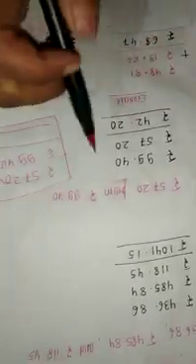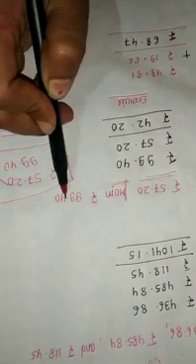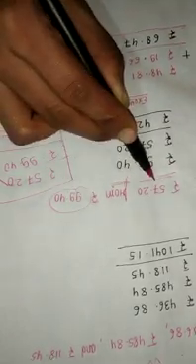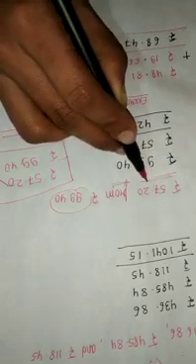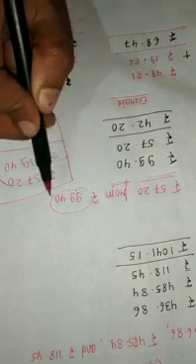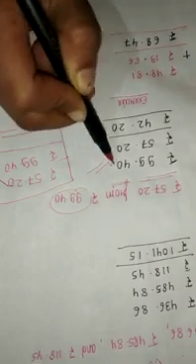Why? Because it is said you have to subtract this number from this. Means from this number we are going to reduce this number. So from whichever number we have to subtract, we always write that number at the top.